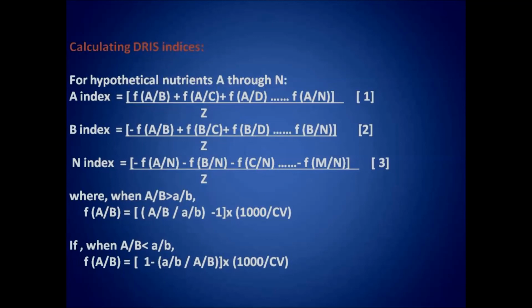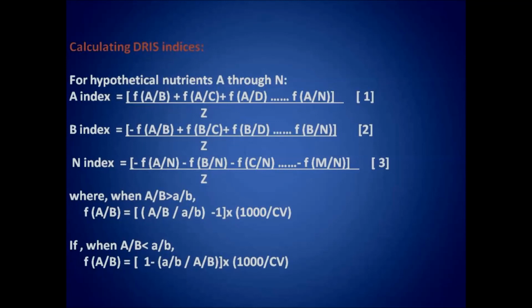Next, the B index is equal to minus function of A by B plus function of B by C plus function of B by D, like that up to B by N, divided by Z. Z is the total number of nutrients. Next, the N index is equal to minus function of A by N minus function of B by N minus function of C by N, up to minus function of M by N, divided by Z.